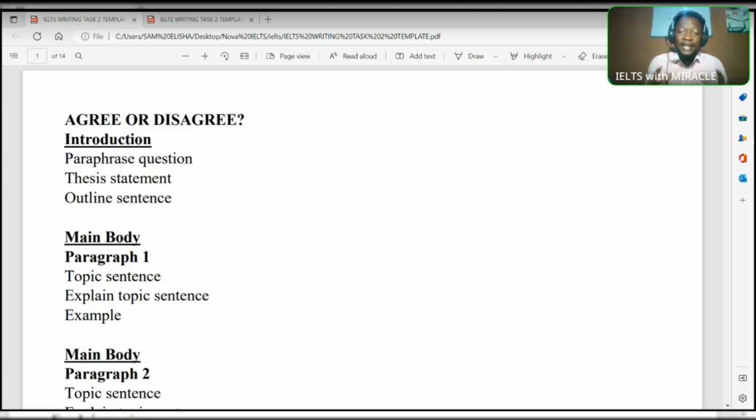And with that, I have categorized the writing task 2 into 3 different categories, groups. I've grouped the different question types into 3. First, I have argumentative questions, right?